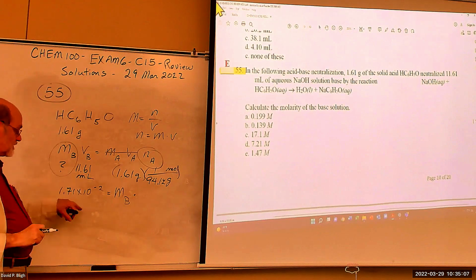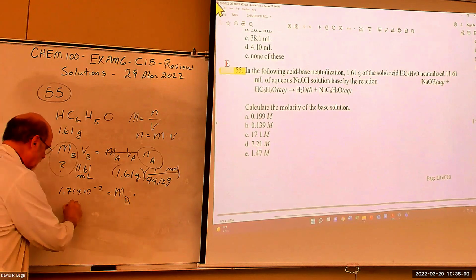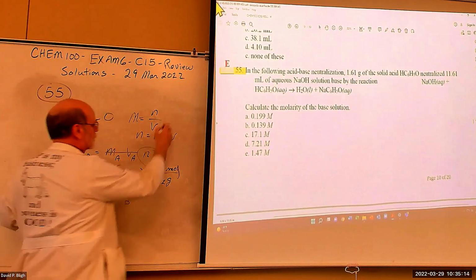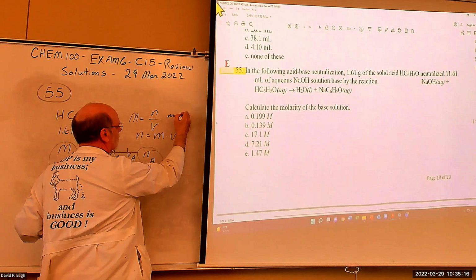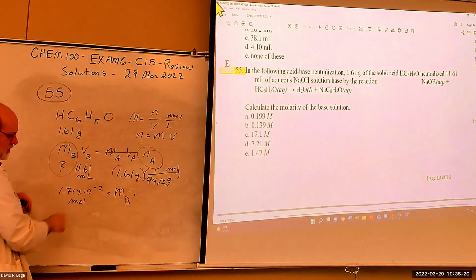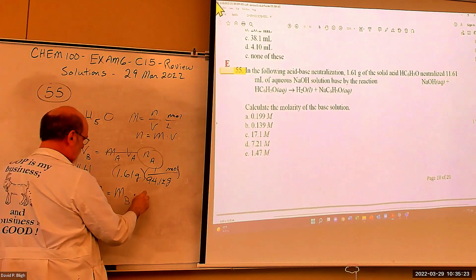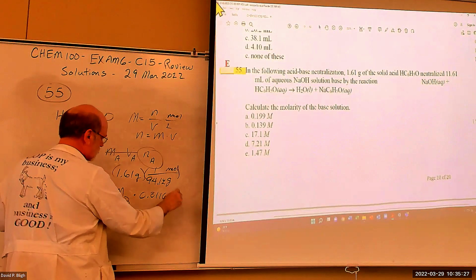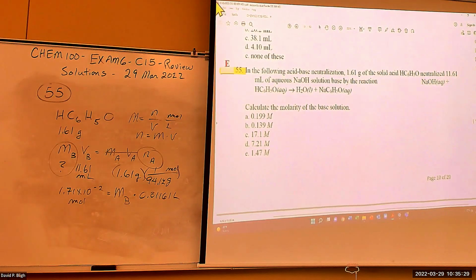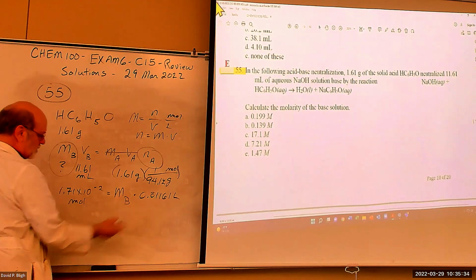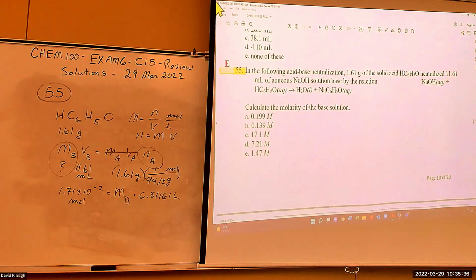Okay. In this case, we've got moles here, and we have to adhere to the strictures here. Moles, this has to be liters. So we got to convert this to liters, which is what? 0.01161 liters. Okay. So now to find this, we just divide that by this. 0.01161.